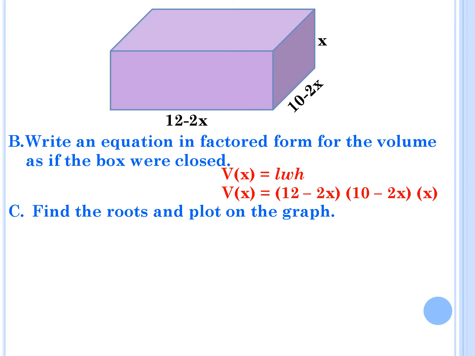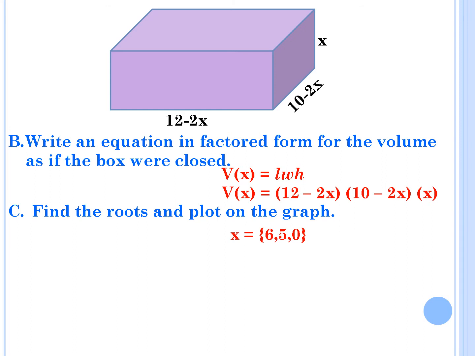We're taking this information about the box, turning it into a function that we graph, and that in turn is going to help us find the x that would maximize the volume. So all of that stuff we just did was to get us to this point of writing the factored form of the equation. So we're going to set each factor equal to 0.